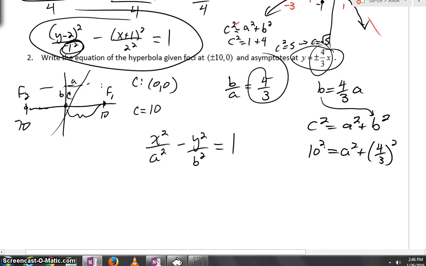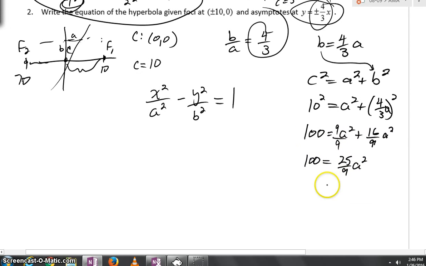I already know my focal length is 10. 10 squared is 100. And, excuse me, this is 4/3 A. You know, B is equal to 4/3 A. So this would become 16 over 9 A squared. How about I get a common denominator of 9 over 9? 9 ninths plus 16 ninths is 25 ninths.